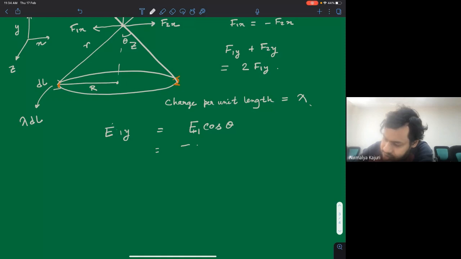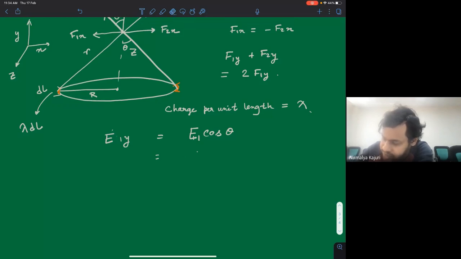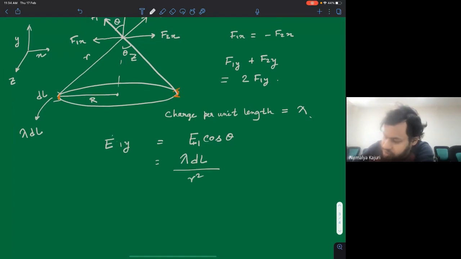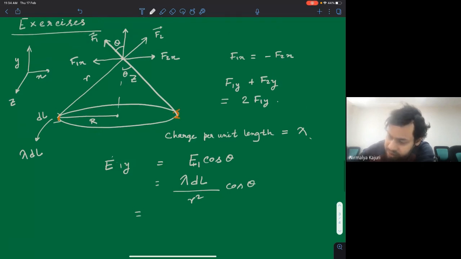So what is E1? E1 is charge by r square, so it's lambda dl, the amount of charge contained in this tiny infinitesimal piece, by r square into cos theta, where r square is nothing but z square plus r square. So this is r square plus z square.